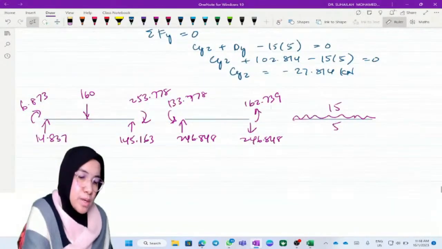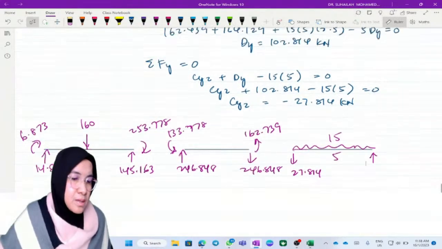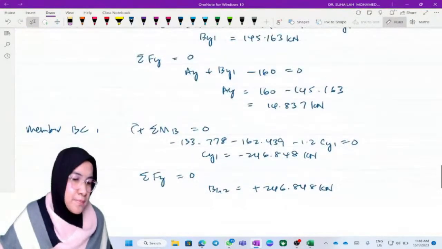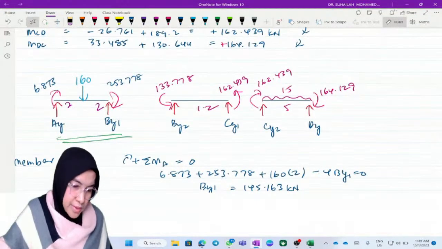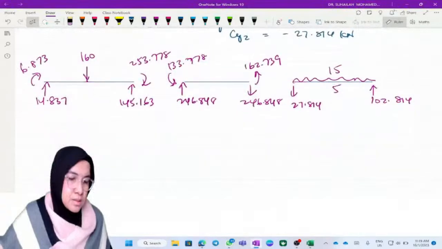And then we have CY2: negative 27.814 and positive 102.814. The moments are positive: 162.439 and 164.129.